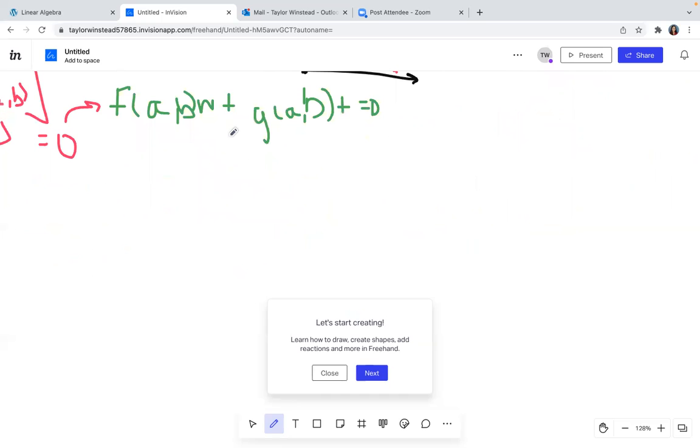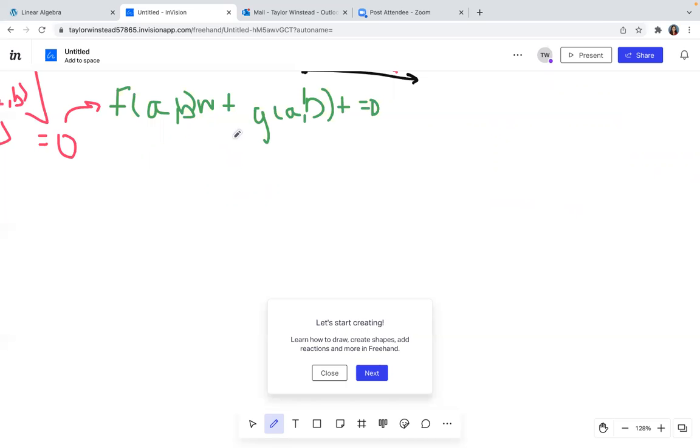So now that we know this, let's think about what we need to figure out. We've already got the vector for V in terms of AB. We need to figure out the vector for W in terms of AB, right? So let's solve for W. Let's just figure out what W is going to be.